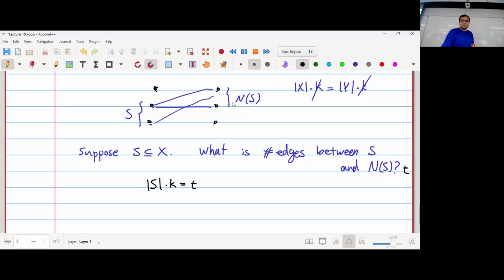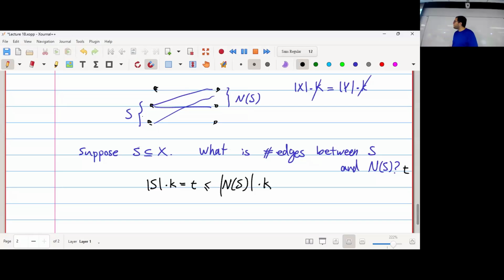Right? So the number of edges going out of the neighbors of S is neighbors of S times K, but not all of them are going to S, right? So what I know is that this T is going to be less than or equal to the size of neighbors of S times K. Because again, remember, this is the number of edges that is going out of neighbors of S. But I'm only counting the edges that go out of neighbors of S and into S. So this is going to be less than or equal to this.